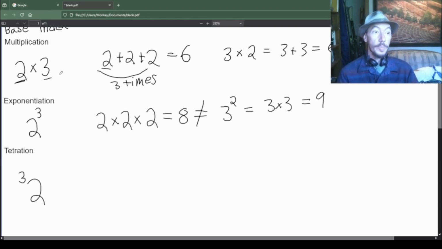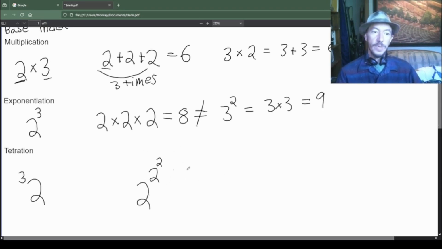Exponentiation was just repeated multiplication, so tetration is just repeated exponentiation. So we have a base of 2, and the 3 says we exponentiate it a total of 3 times. So this is 2 to the 2 to the 2. A little tower of exponents. We call this a power tower in math. It's a tower of powers.